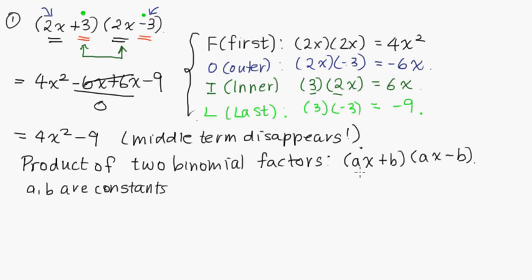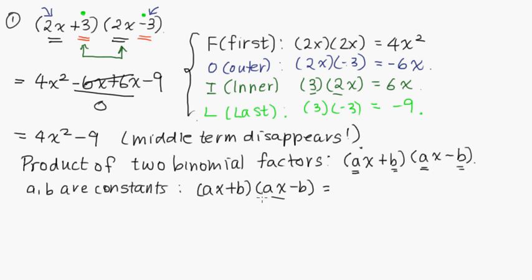So basically this a and this a are the same constant, and this b and this b are the same. And the only thing that's different is this change in sign here.